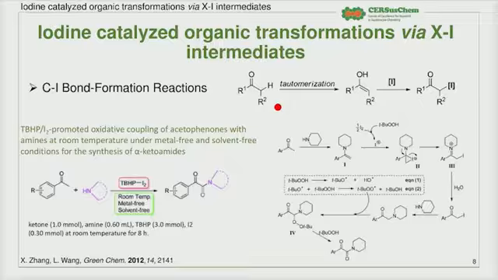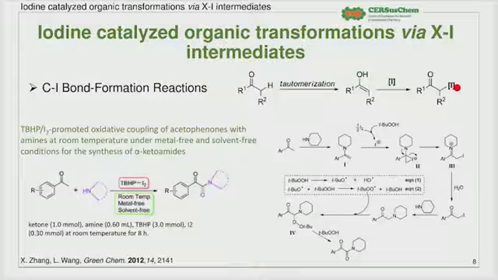Like I mentioned previously, normally this C-iodine bond formation happens mostly with carbonyl-containing compounds. The C-H bond functionalization of the carbonyl group at the alpha position results in the formation of iodo products, which can be post-functionalized into various organic transformations.